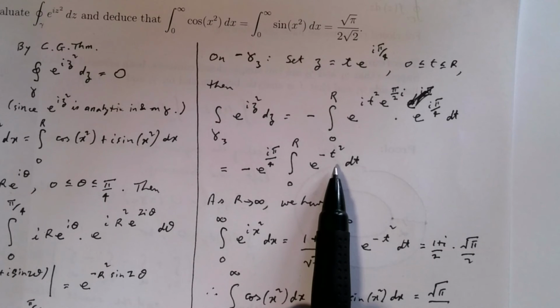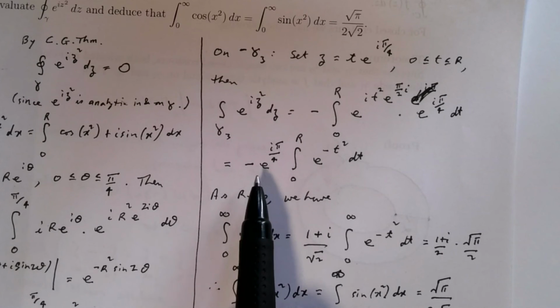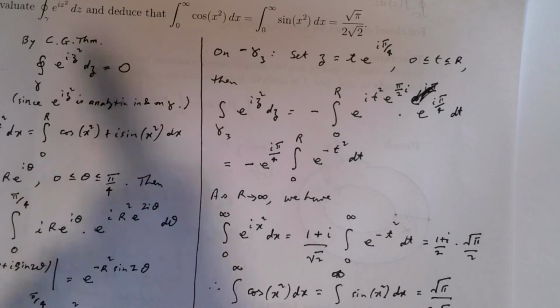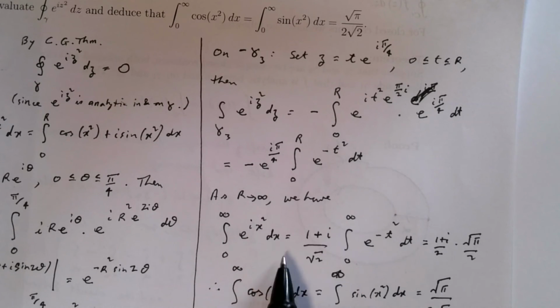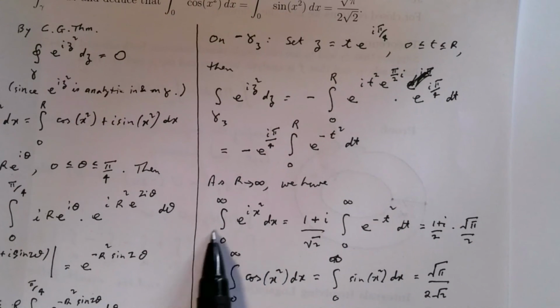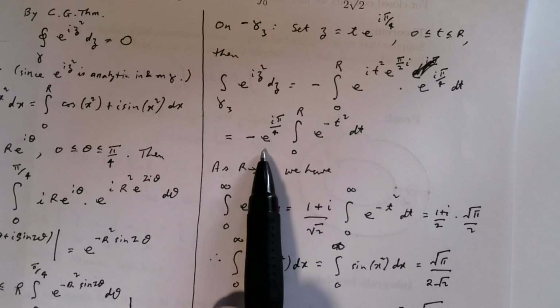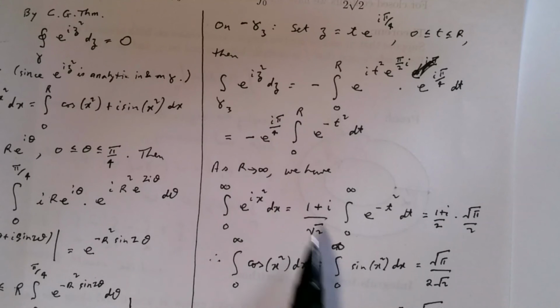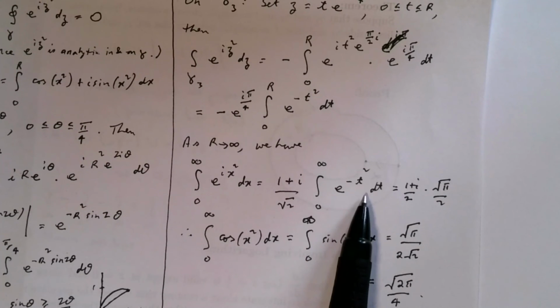The middle one we've just shown went to 0, and so that means the first one plus this one is 0, and I can take that on the other side, and I simply have then that this integral we got from along gamma 1 must equal this one here, and e to the I pi on 4 is 1 plus I on root 2, when you evaluate it, times e to the minus t squared.